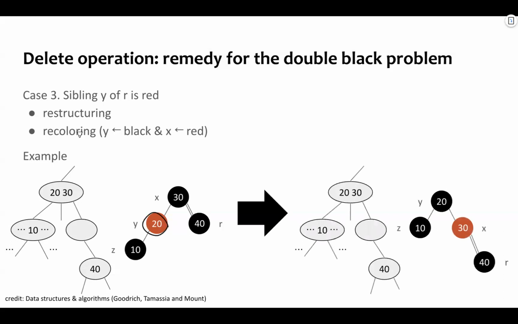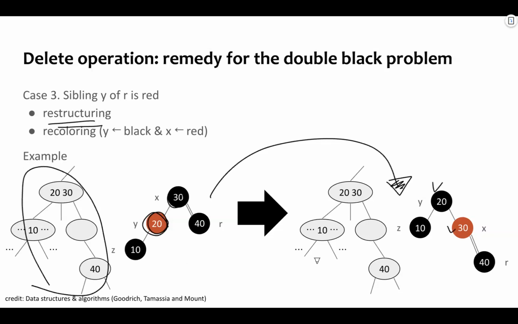We're going to restructure first and then recolor. So we make this structure into this one, and Y becomes red here, and X, which was originally black, becomes red. When you check the corresponding 2, 3, 4 case, these structures are the same.